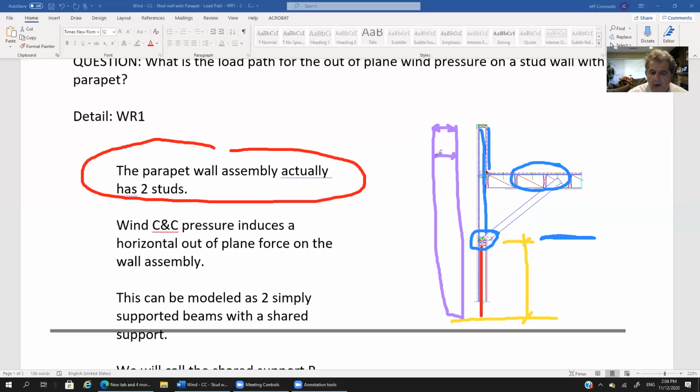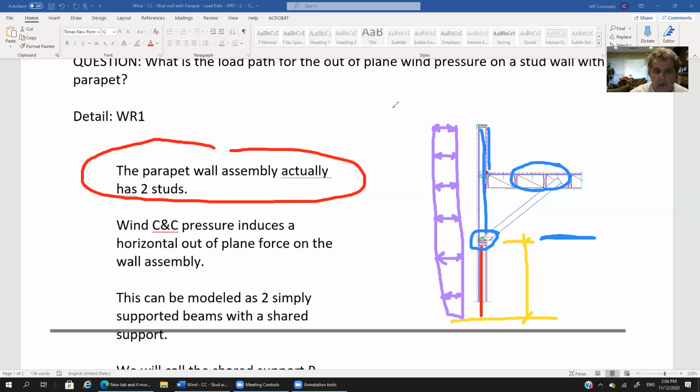Remember, wind can create a positive inward pressure into the wall, as well as a negative suction pressure, which pulls the wall away from the structure. All right, so here's our wind out-of-plane pressure that we need to have our stud assembly be able to resist.